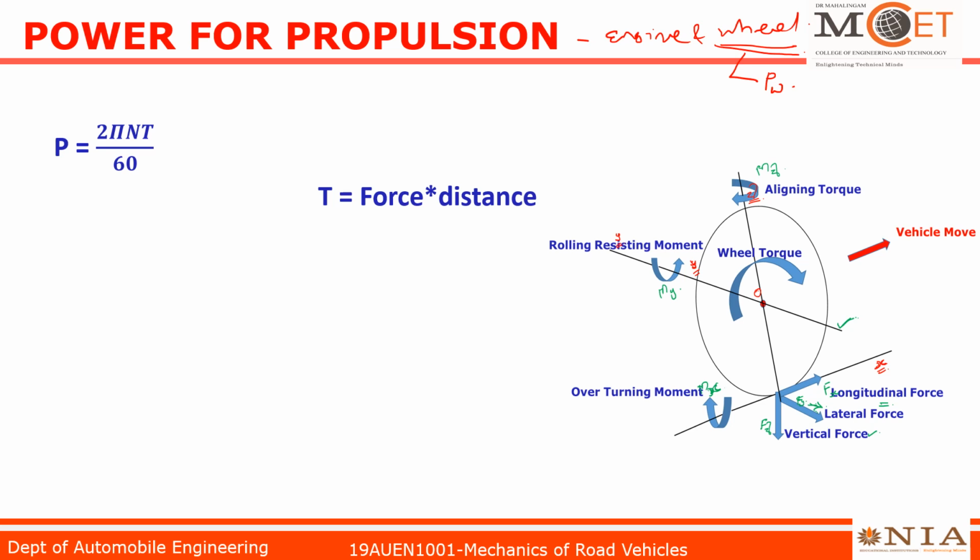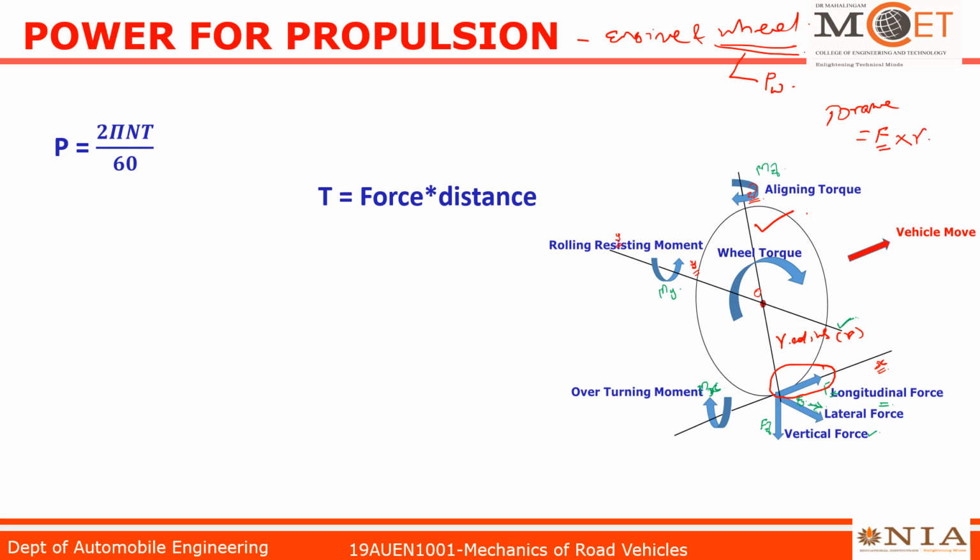Here you can note the wheel torque is equal to the force used to move the vehicle into distance. The distance to move the vehicle is r, that is the radius of tire. Here the wheel torque is equal to the force required to move the vehicle into distance r.